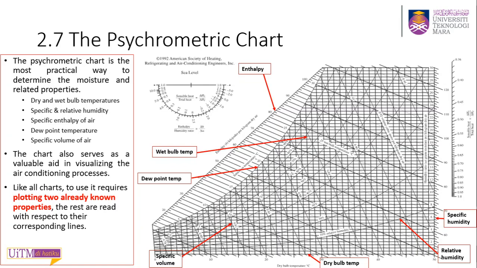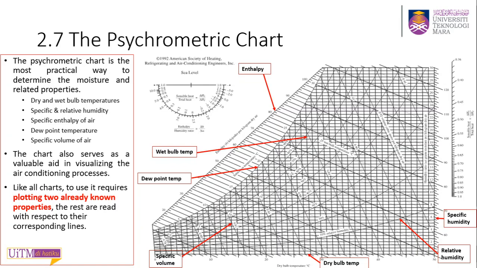There are a few inclined lines here. The first one we see is for the wet bulb temperature, the dotted line. Try to look for the value 25 degree wet bulb temperature. You can see that there is a dotted line there. So those dotted lines are for wet bulb temperature.